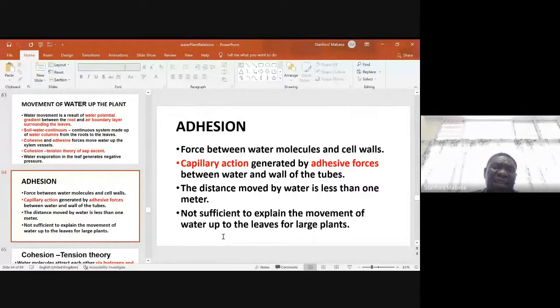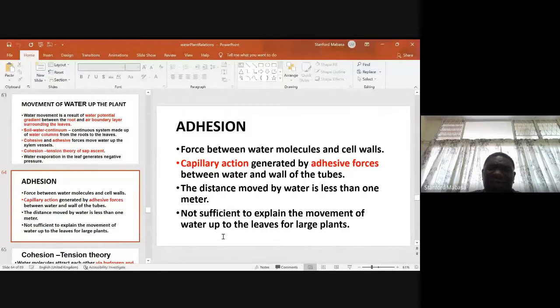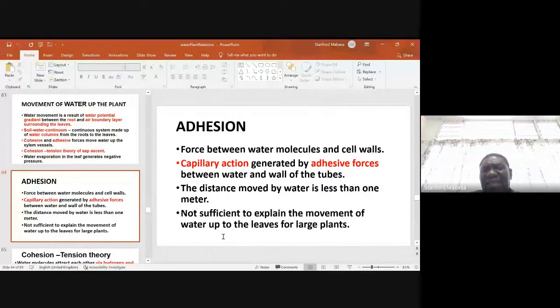However, I should say that adhesion can force water upwards, but it cannot exceed 1 meter. Although it can contribute, it cannot exceed the 1 meter. So it is not sufficient to explain the movement of water up to the leaves for large plants.